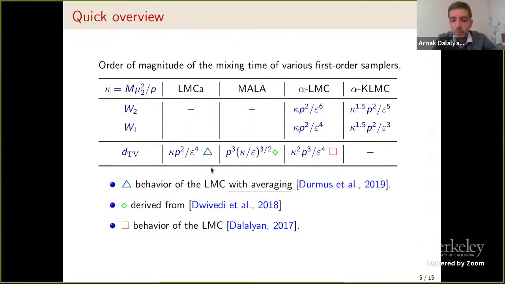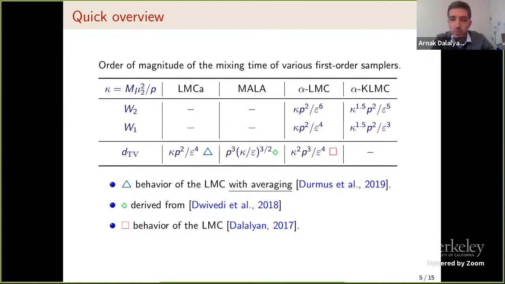This result has been obtained in a very nice paper by Durmus, Majewski, and Miasojedow. It has a very nice dependence on dimension and on the accuracy, so on epsilon. Also a very nice point in this first column is that the numerical constants are given explicitly and they are really reasonably small.